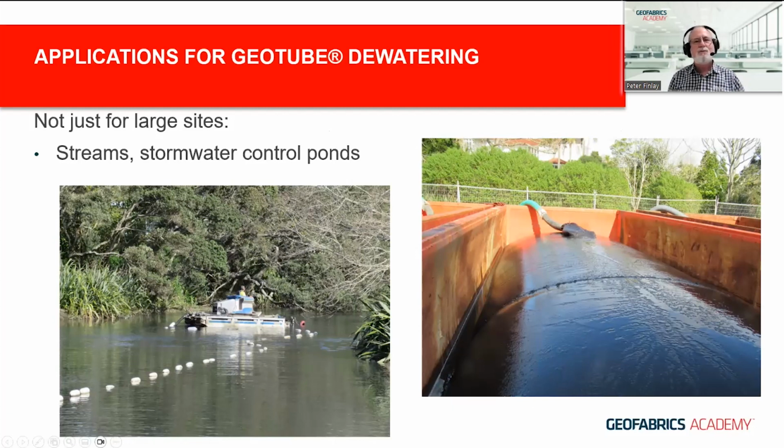And these are suitable for container dewatering, and suitable for sites where you've got limited laydown area and or you need to be mobile. This is some desilting of streams in the Auckland, New Zealand region, and they just have small areas they can set up in one of the parks to have as the containment area.